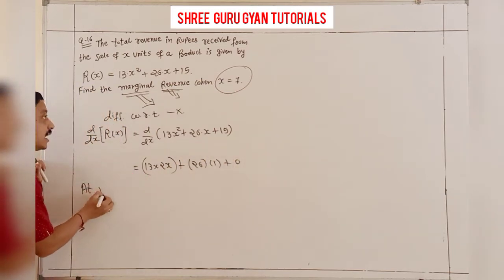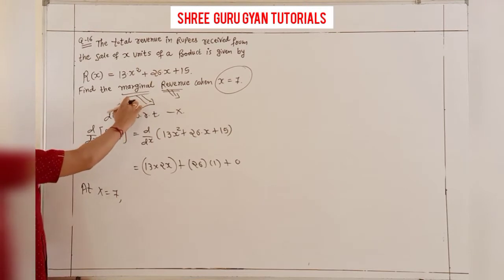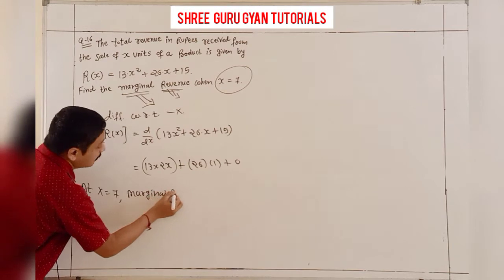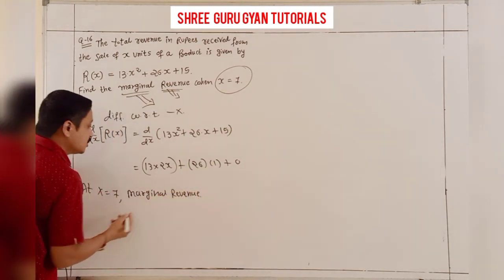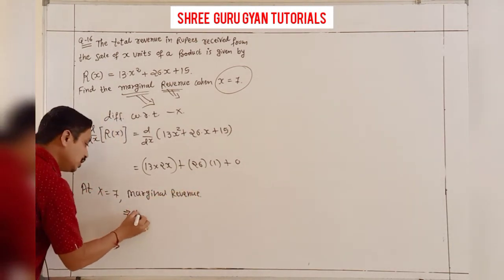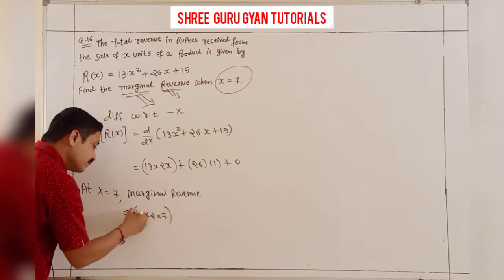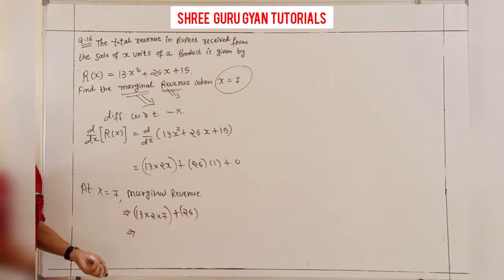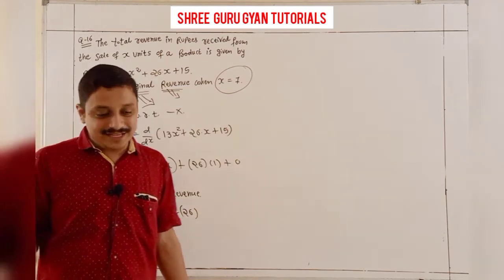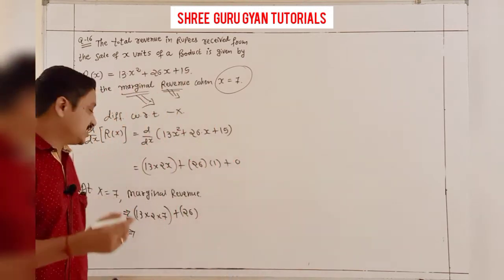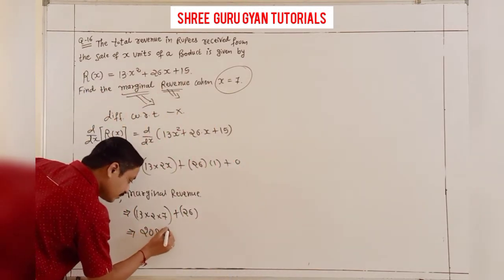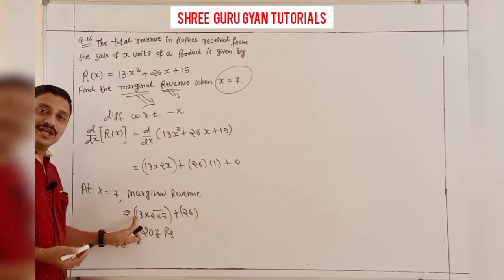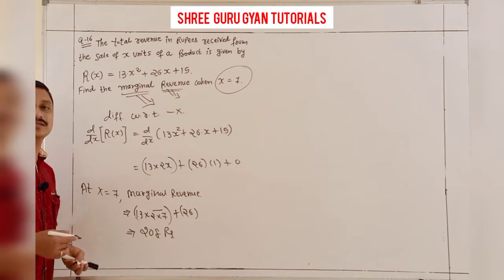Now at x equal to 7, your answer is the marginal revenue. Marginal revenue is 13 into 2 into 7 plus 26, and when you calculate the total value, your answer is how much? Yes, the answer is 208, and that's your final answer. Either you calculate 7 into 2 is 14, 14 into 13 plus 26, and the total answer is 208.